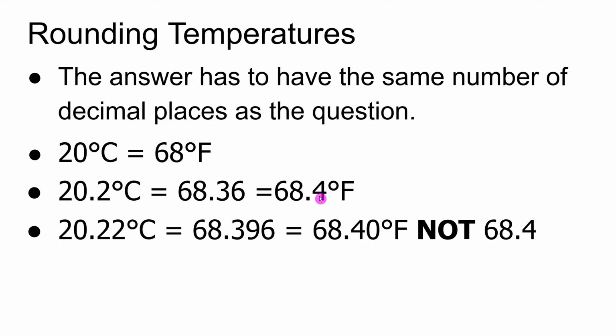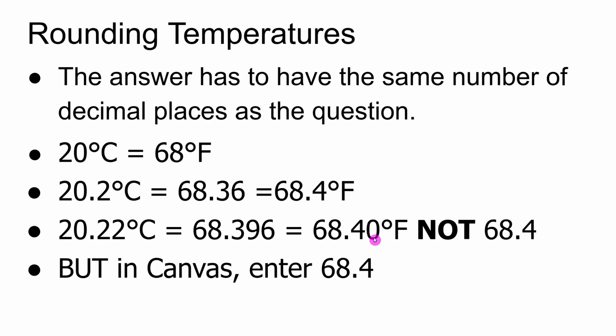If I gave you 20.22 and said convert this, and you plug it in, you're going to get 68.396. The correct answer would be 68.40. Since the input had two decimal places, you'd actually need to preserve that 0. However, in Canvas, you can't. If there's an ending 0, Canvas just terminates it, just like Excel and spreadsheets do.